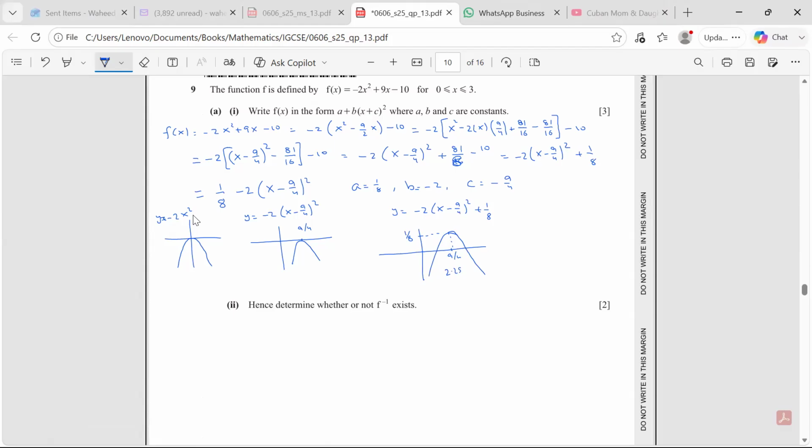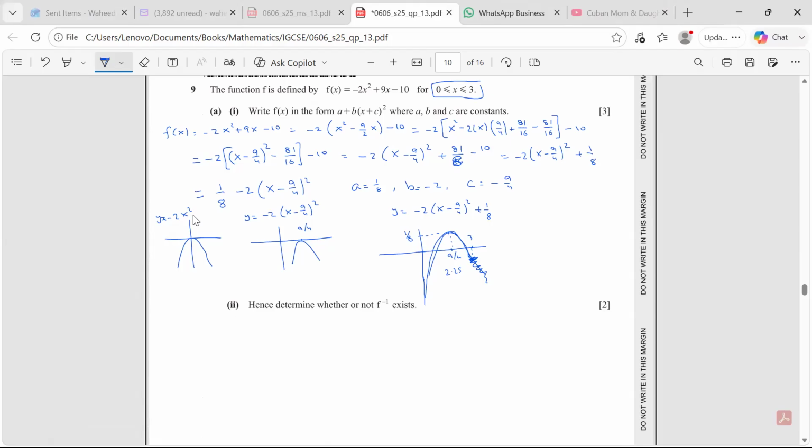So 3 will be somewhere here, which will give you a negative value. Basically this is not part of our graph, because we know that x is between 0 and 3. So y goes from somewhere at this point to this, and then whatever it goes. I don't know exactly.